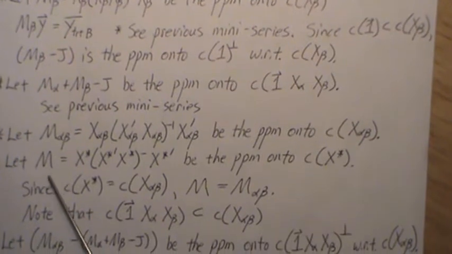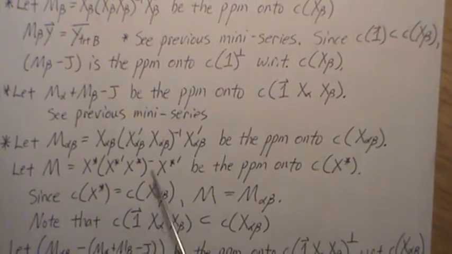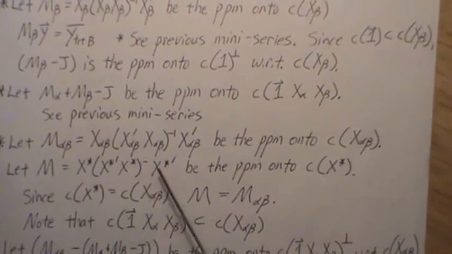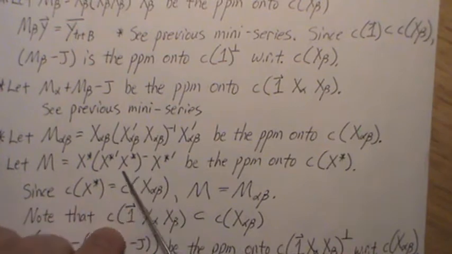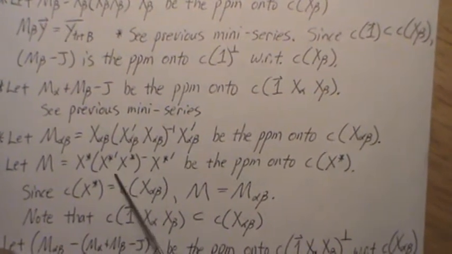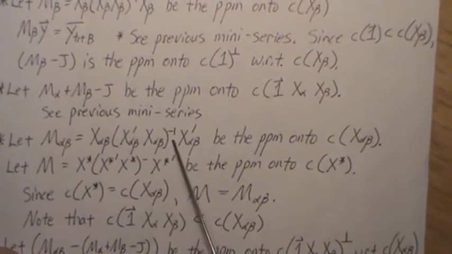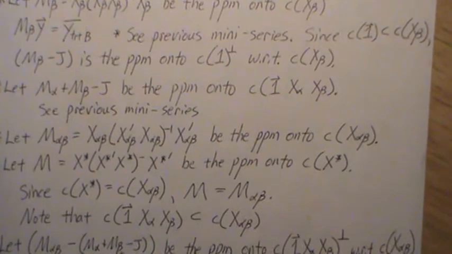Now let M be the perpendicular projection matrix onto the entire design matrix, and it's defined like this. But here we have to use a generalized inverse because this is a singular matrix. In what we've done previously, we can use the inverse because they're invertible matrices.